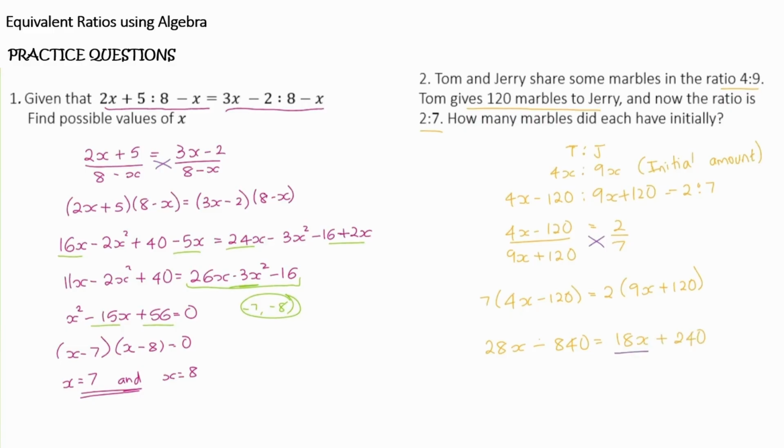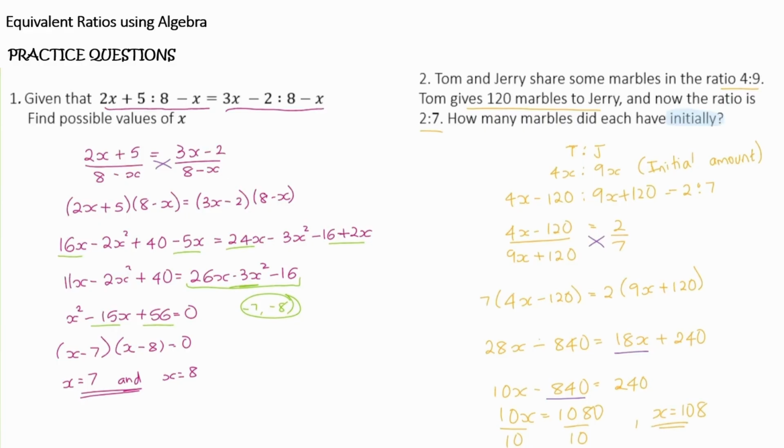If we then minus 18x on both sides, we will have 10x minus 840 is equal to 240. And if we add the 840 on both sides, we will have 10x is equal to 1080. We can then divide both sides by 10, and that gives us x is equal to 108.